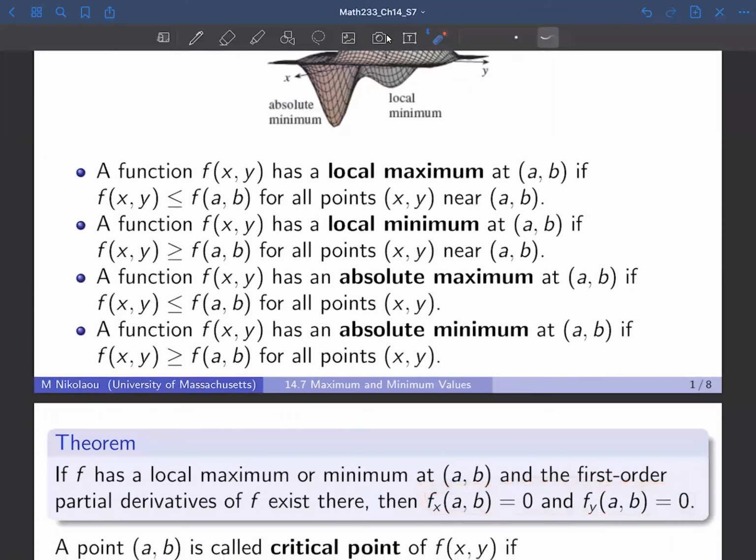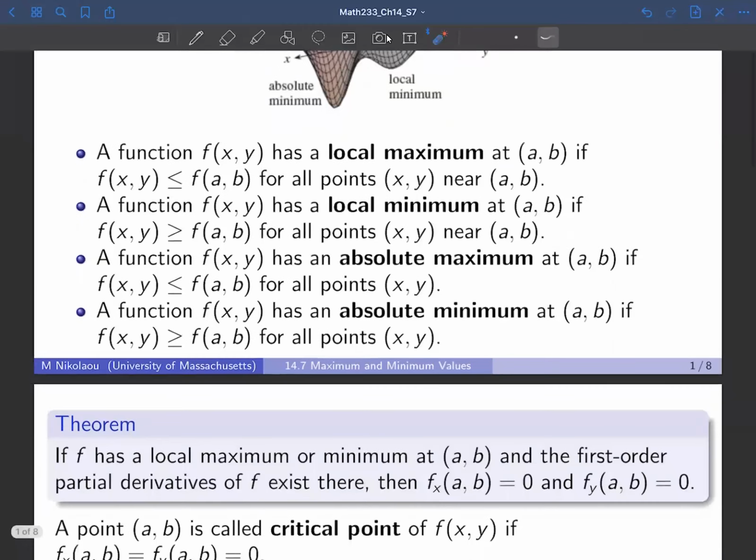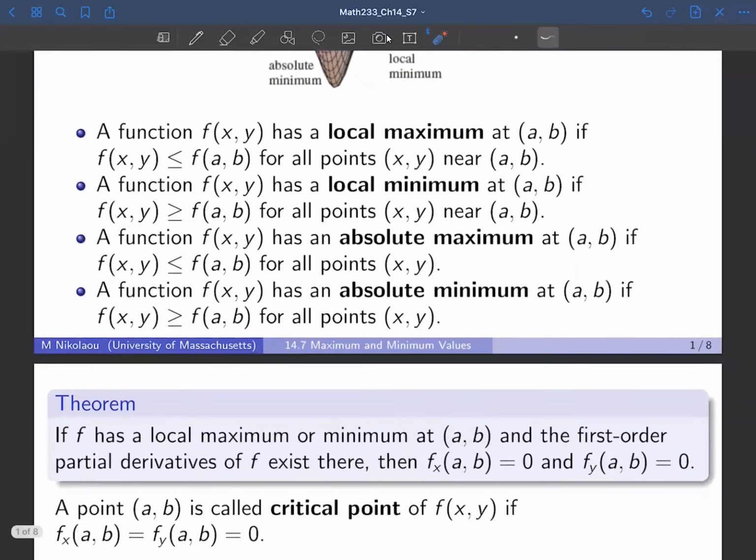So we'll have to find the partial derivatives of f with respect to x and y at that point a, b, and set them equal to 0. The point a, b is called a critical point of the function f of x comma y if the partial derivatives of f with respect to x and y at that point are equal to 0.